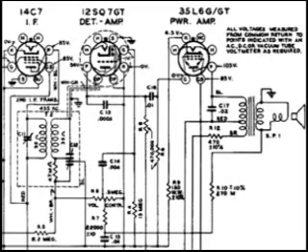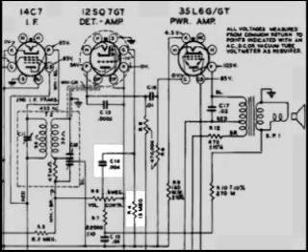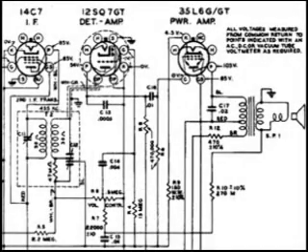But there's also another resistor, this one right here. It's known as a cathode resistor that also influences the bias of the grid of the 35L6. And this capacitor is the capacitor that the signal travels through to the 35L6. And here are the biasing resistor and the signal capacitor for the 12SQ7.